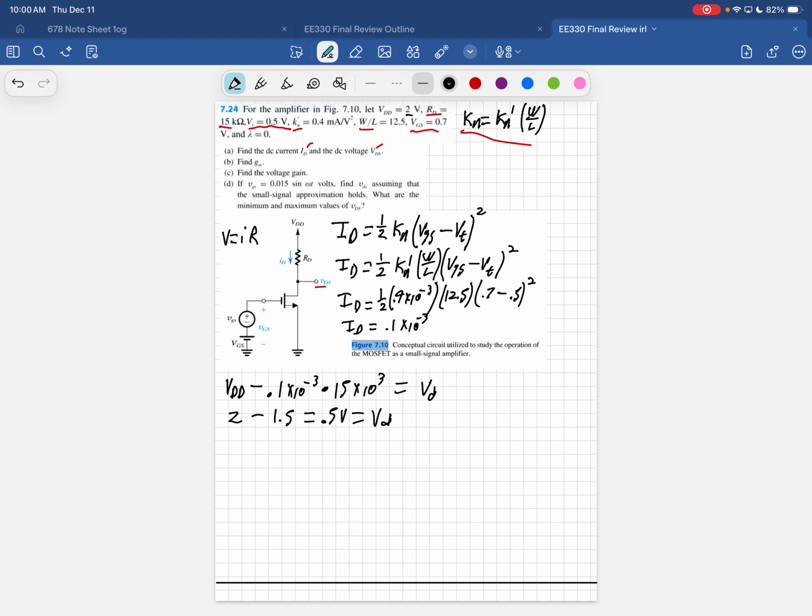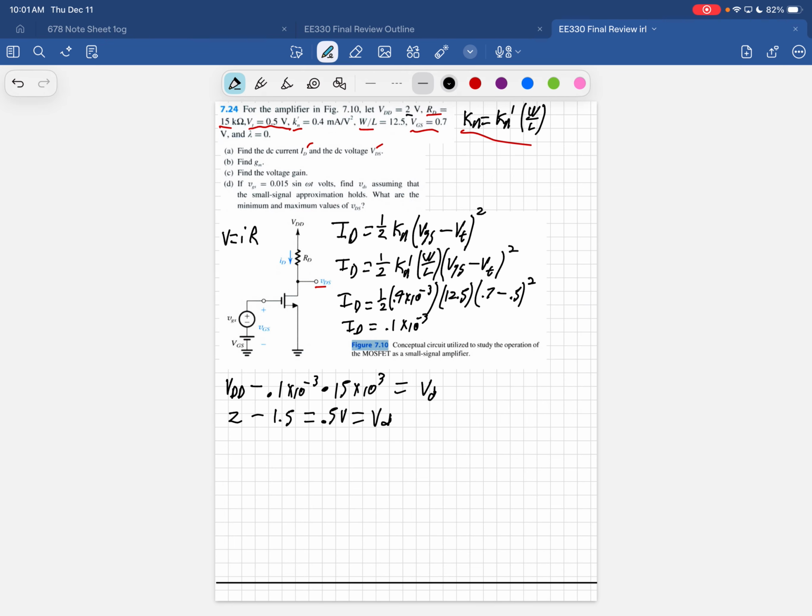Which is the right answer. So that gives us our bias point on the output. We can expect to see 0.5 volts of DC voltage there, even when we're not running any sinusoid through it. And we know that we're going to be biasing with 0.1 milliamps of current through the device.